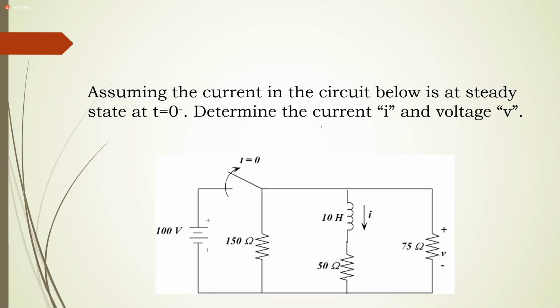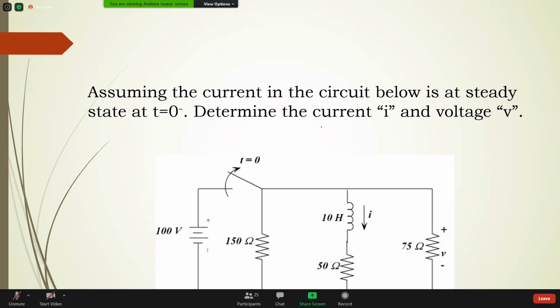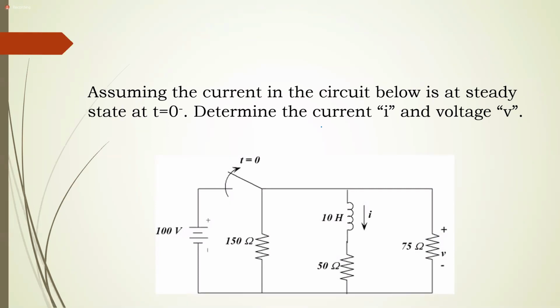Well, it says that it's steady state at t equals 0 minus. So you know that means that it's just before the switch opens. So you'd have the full current flowing through the inductor.